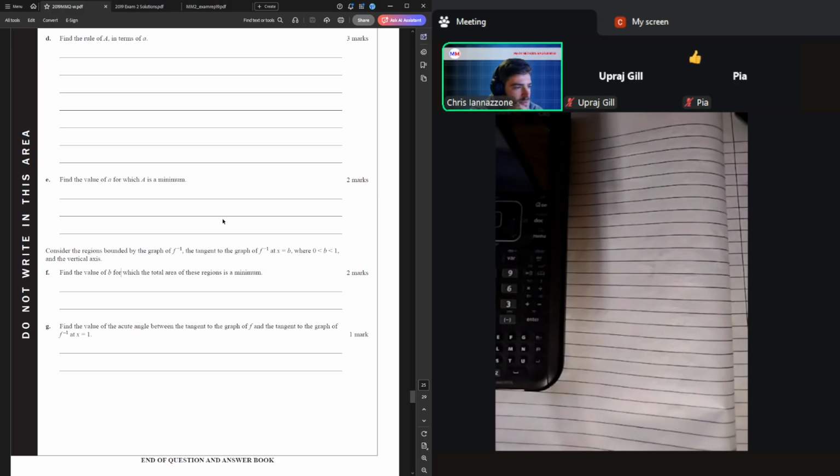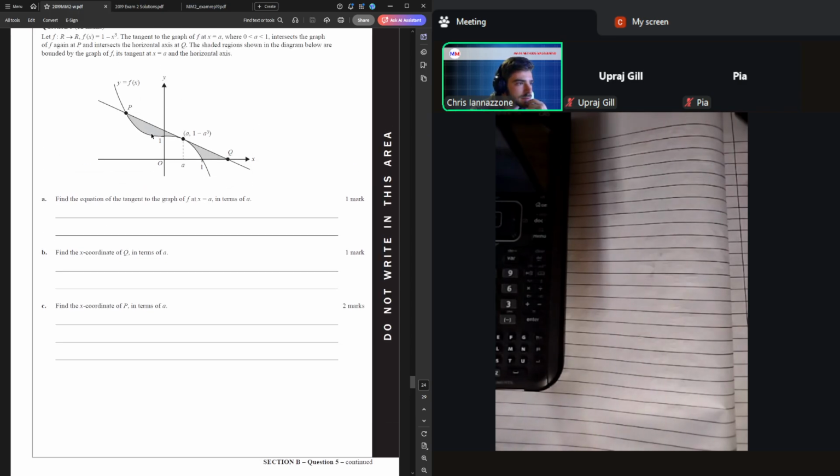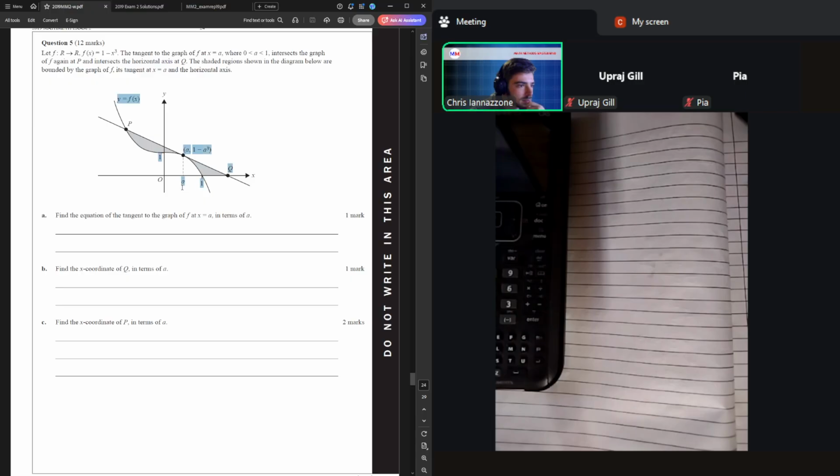Part F. Consider the regions bound by inverse tangent, to inverse this time. Interesting. At x equals b. B is also between 0 and 1. So now we're taking this graph of f and flipping it into, I guess, a cube root graph. And a is effectively b. It's still the same thing, 0 to 1.